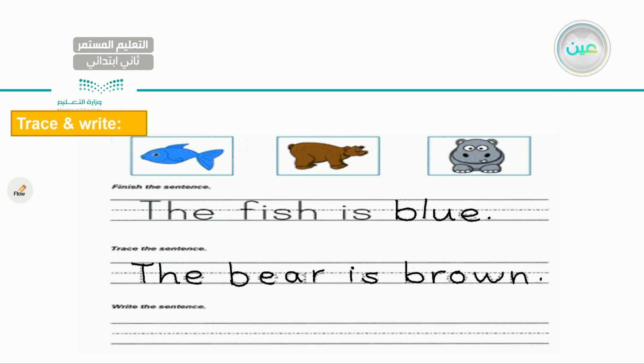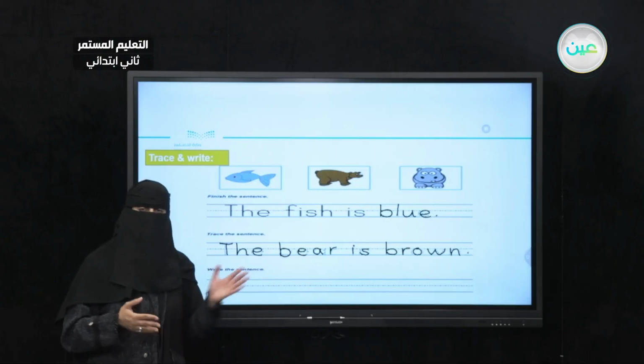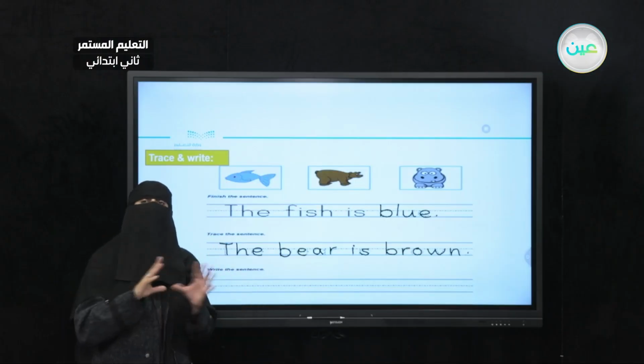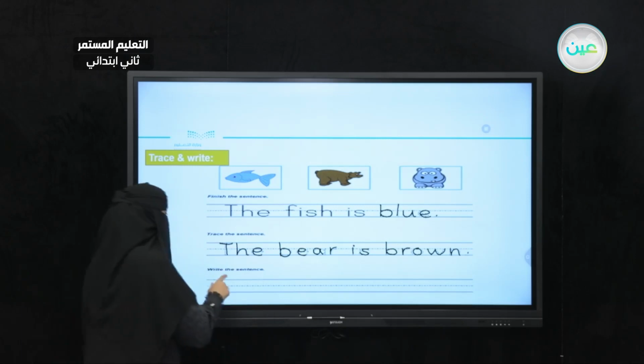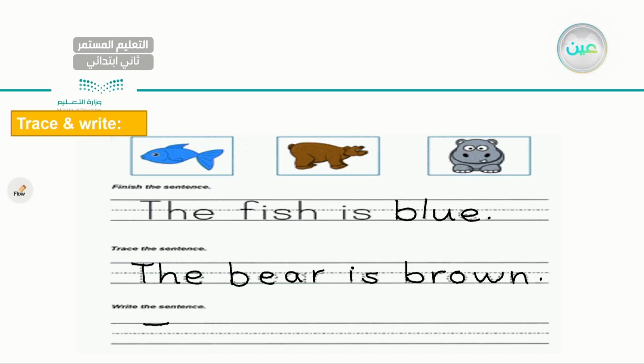The bear is brown. Now for the last one, I need you to copy the first sentence or the second sentence and write it on your own. I will write the fish is blue.